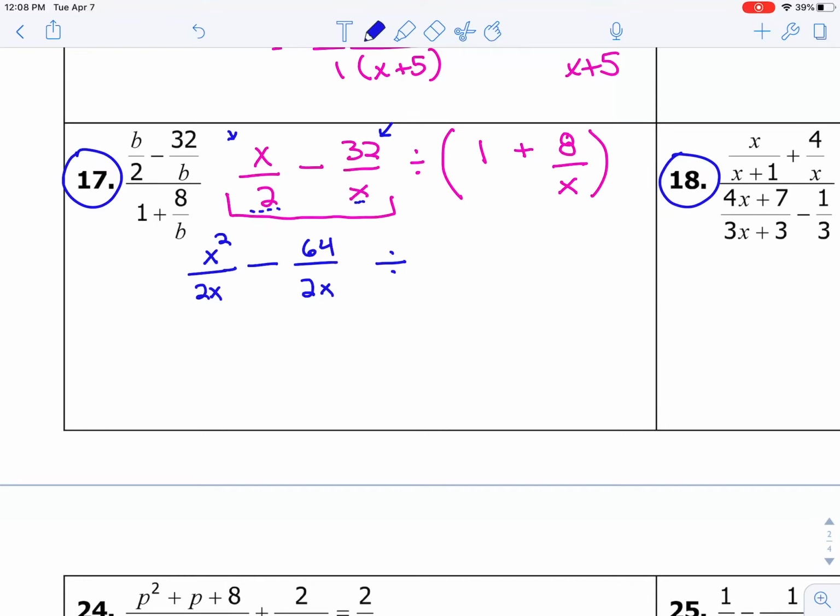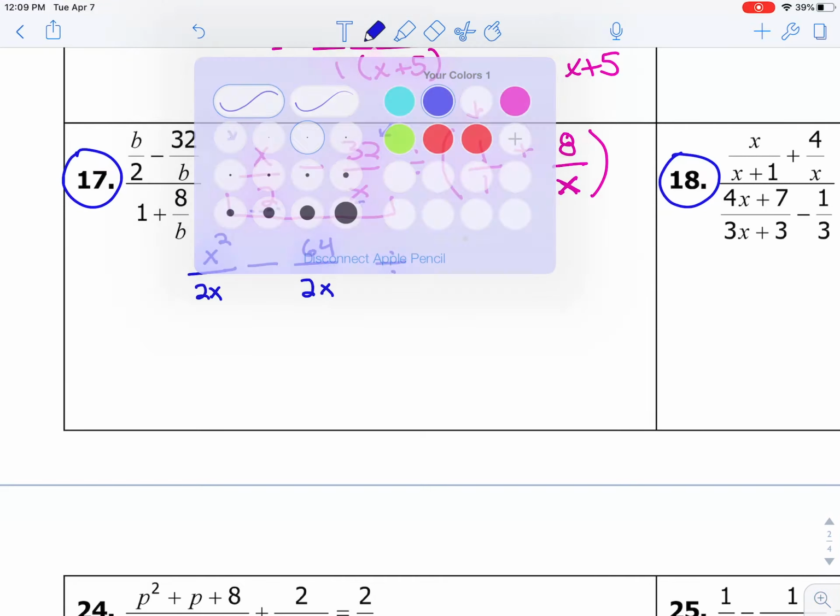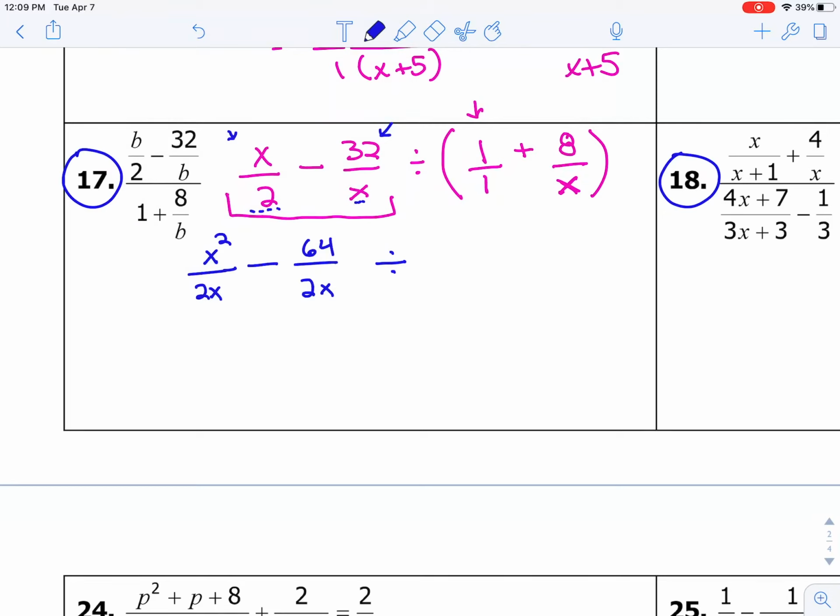And then this is going to be divided by, now we got to use the same kind of steps over here. Just to totally show your steps, I'm showing every little thing here. I would think of that as 1 over 1. Now, I need to multiply this by x. So I multiply the top by x, and I multiply the bottom by x.